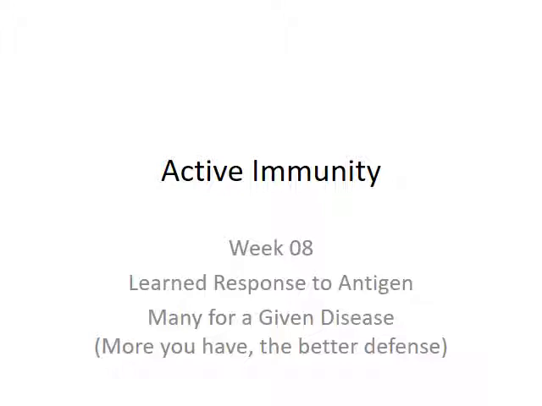And then given those antigens that it's presented with, it will remember that disease-causing organism. Hopefully, there'll be multiple antigens per given disease. And the more we have, the better our defense against future attacks from that disease.